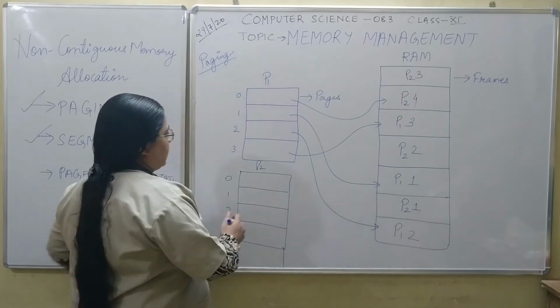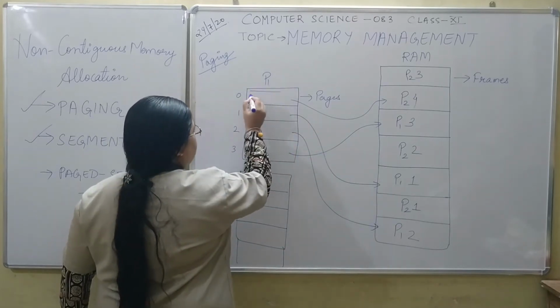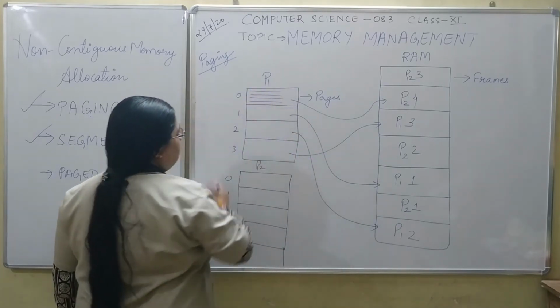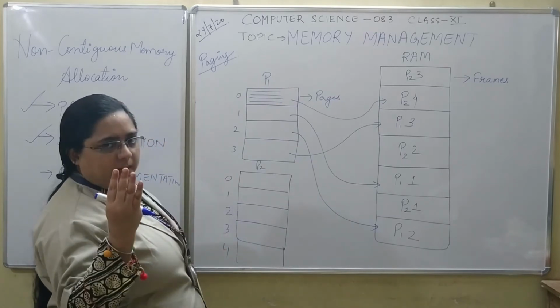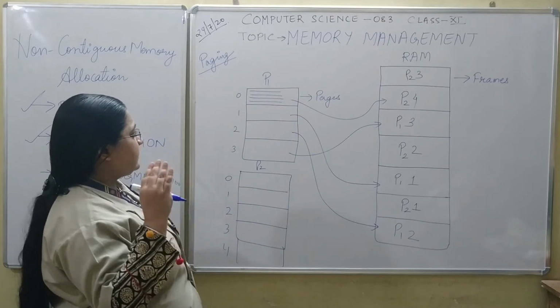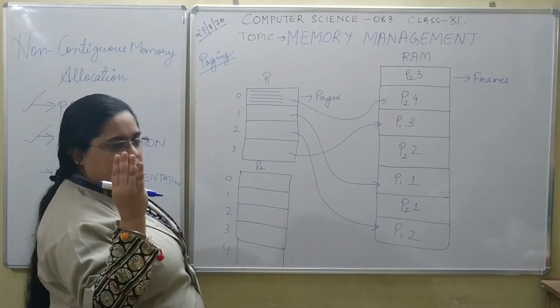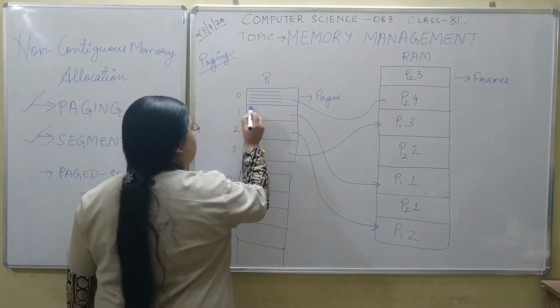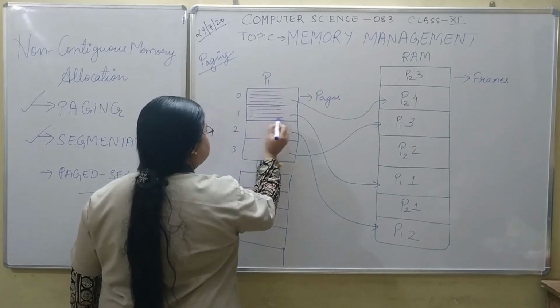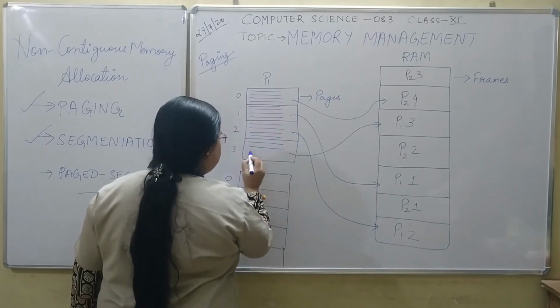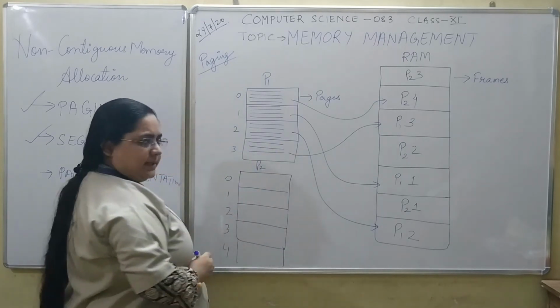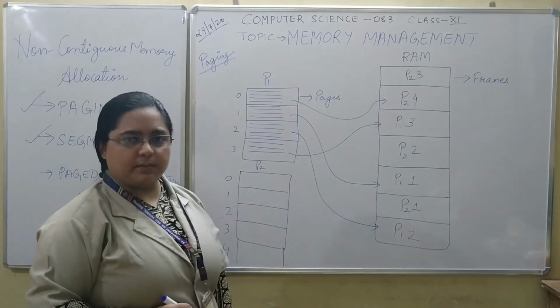But it is quite possible that in your process, suppose we consider a process with page size equal to 4 bytes. So every page will have 4 bytes except the last one. It is quite possible that the last page might have 3 bytes, 2 bytes or even 1 byte.